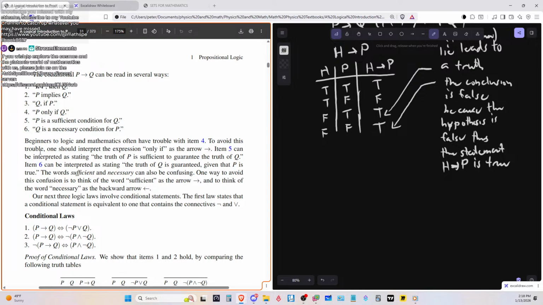To avoid this trouble, one should interpret the expression "only if" as the arrow. And item 5, "P is a sufficient condition for Q," can be interpreted as stating that the truth of P is sufficient to guarantee the truth of Q.